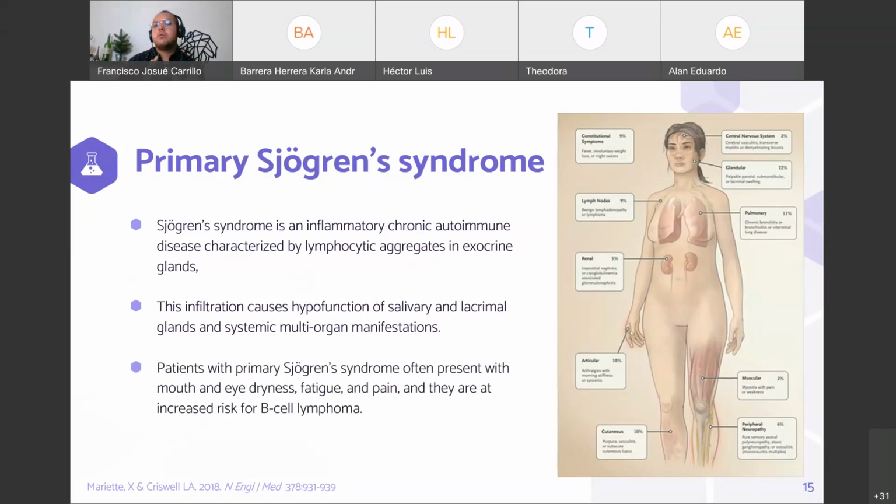Patients with primary Sjogren syndrome often present dry mouth, dry eyes, fatigue, and pain, and they also have an increased risk of developing B-cell lymphoma.